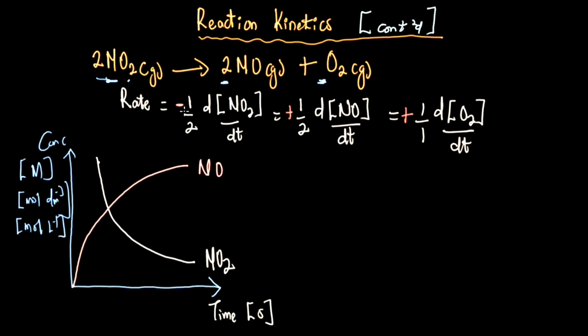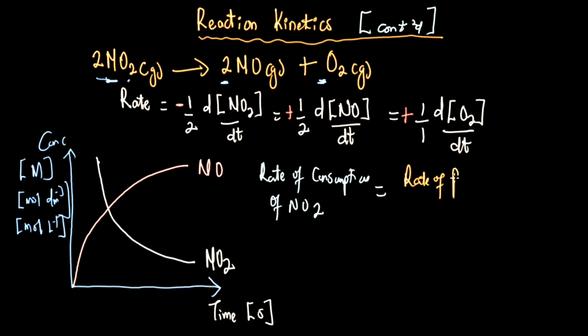So we can simply say that the rate of consumption of nitrogen dioxide is the same as the rate of production of nitric oxide, but they are twice the rate of production of oxygen gas.